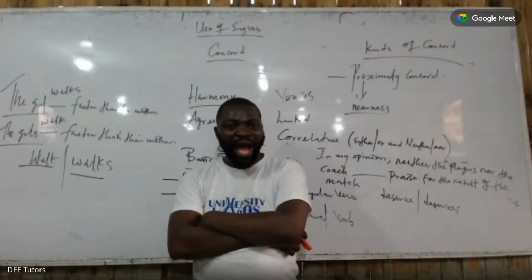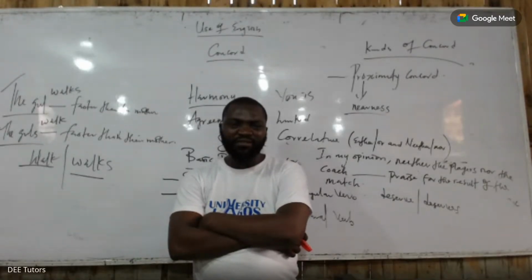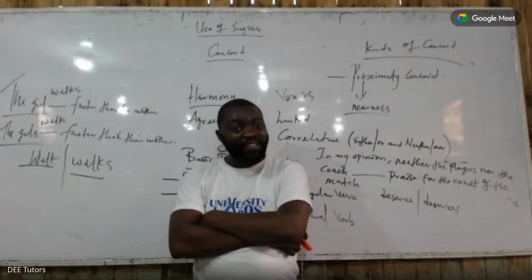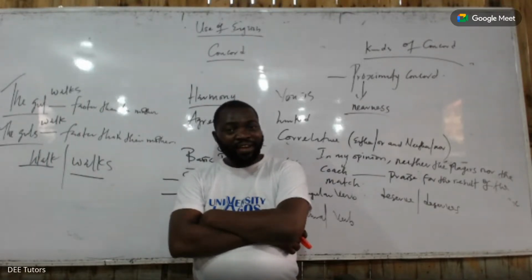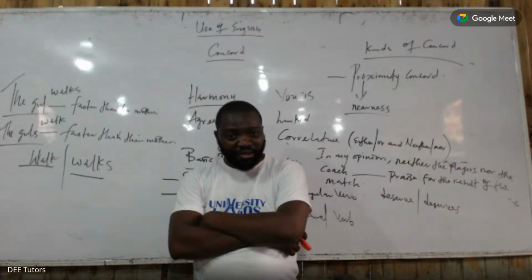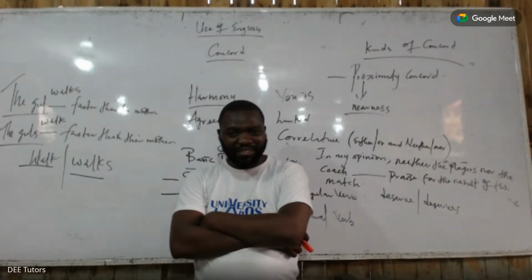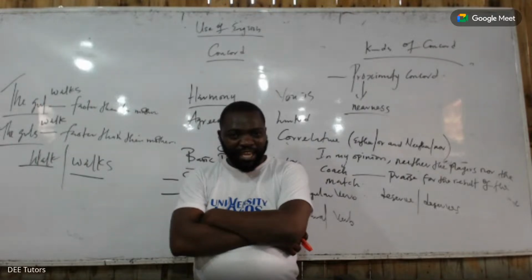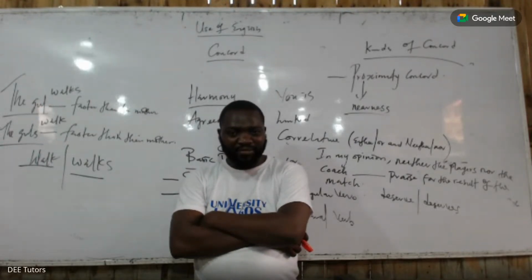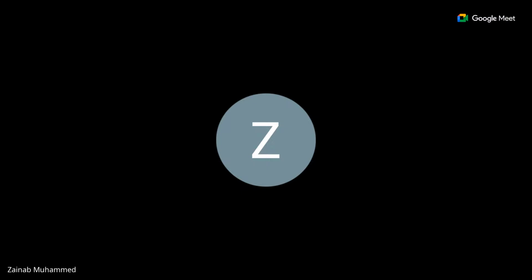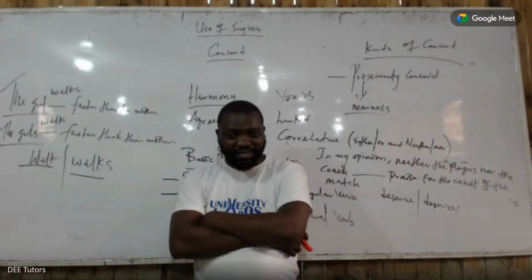By your heart, it is I am going to do it, since I is the closest to the verb. I don't know whether you guys are following this class. Are you with me? Yes, sir. Zainab, are you in this class? Do you get it? Yes, sir.